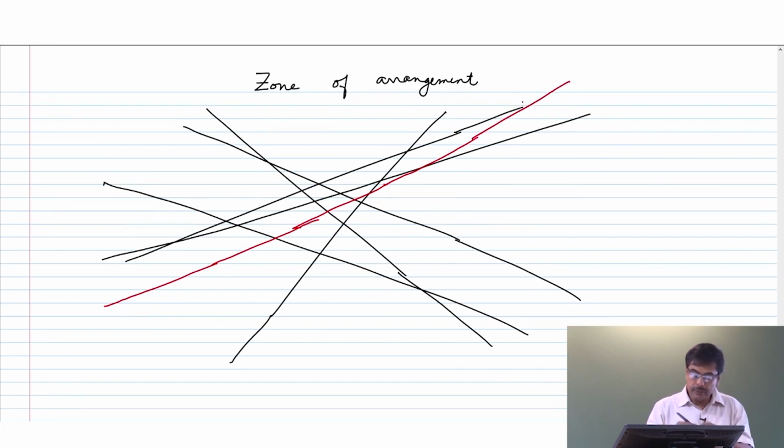It is not geometrically straight, let me just correct it. So, this is the line that I have drawn, some line L, and given lines L1, L2, Ln.